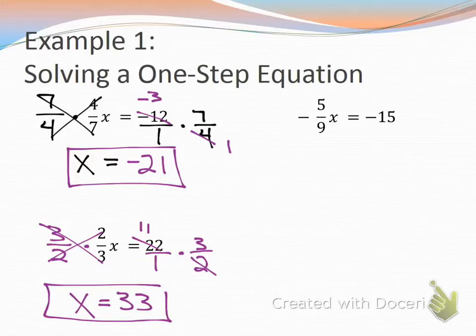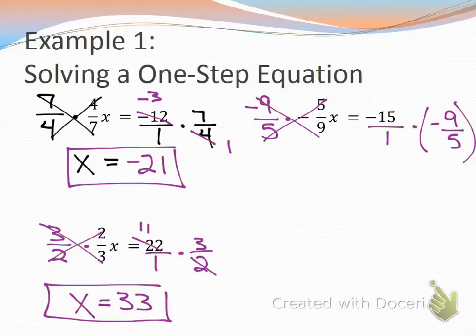Now on the third one, what do I need to multiply by to get x by itself? Jared? 9/5. Not 9/5. L'Ariel? -9/5. If it's negative as a coefficient, I must multiply by the negative reciprocal. I've got to take the negative with me. So now I multiply by -9/5. Guys, why am I putting it in parentheses?